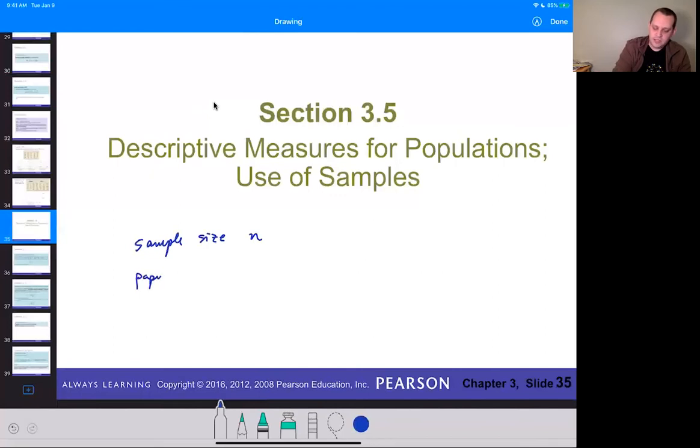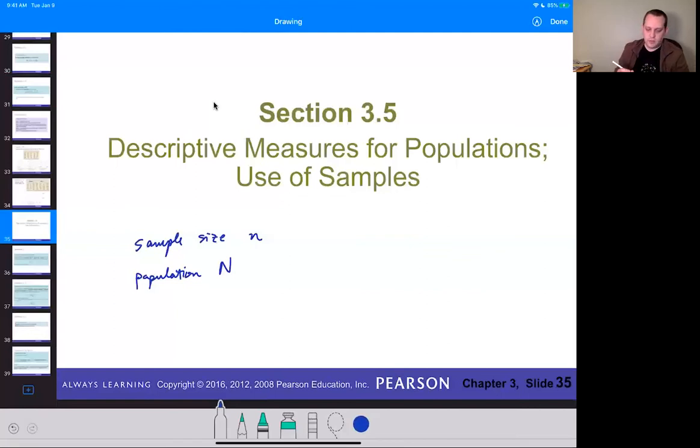For a population size, we're going to use capital N. In math, generally lowercase and uppercase letters denote different values, so they're going to be different numbers. So sample size will be little n, population size will be capital N.